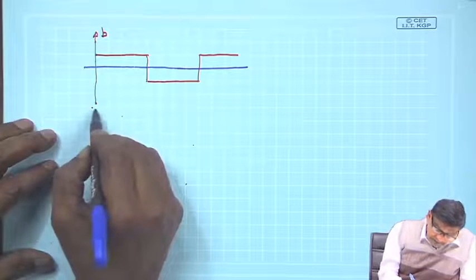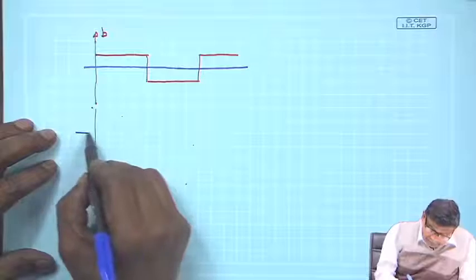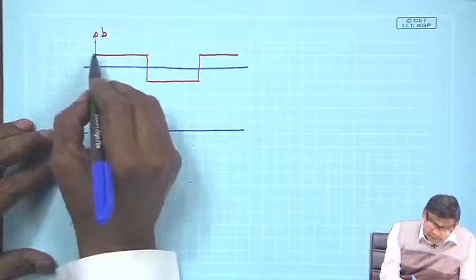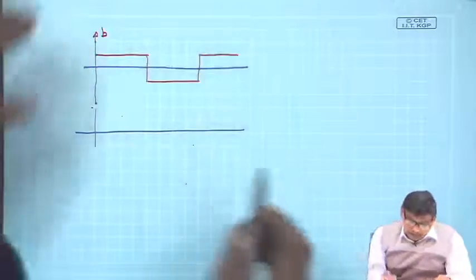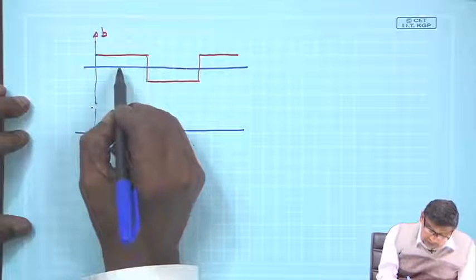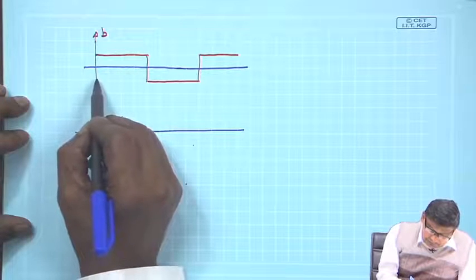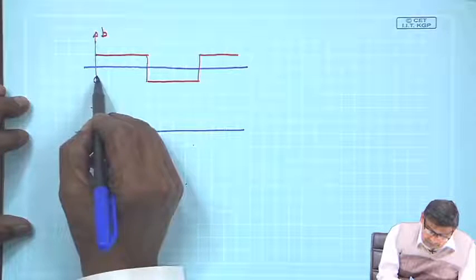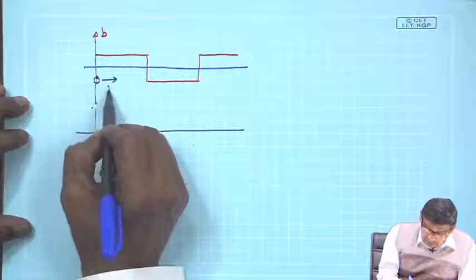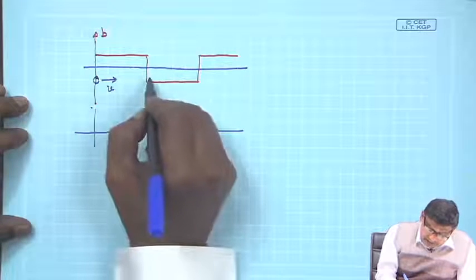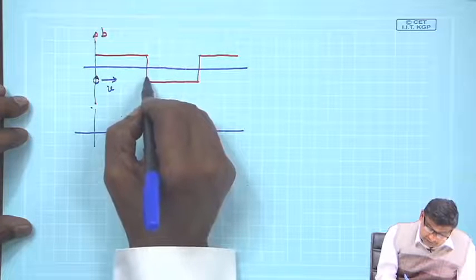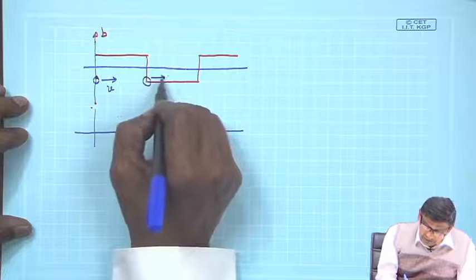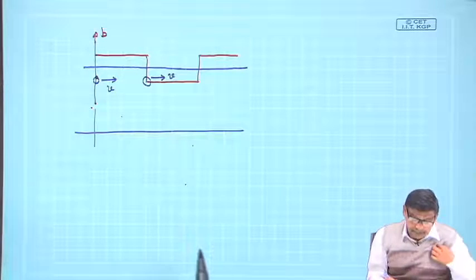Suppose conductor 1 is here, moving with a velocity v, and there is another conductor which is here, also moving with velocity v.